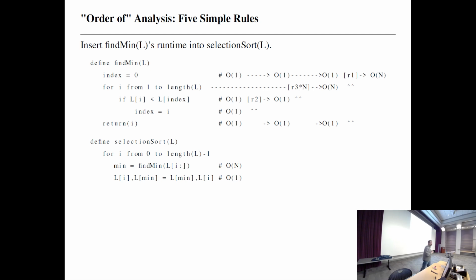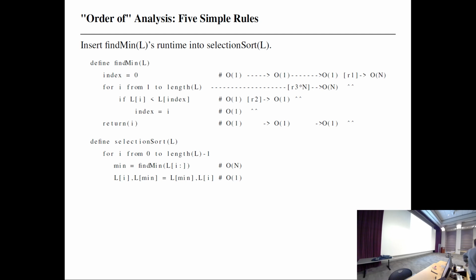But before we go there, I want to point something out. This find min is order n only if the argument itself is of length n. You'll notice that here, when i is 0, this L is in fact of length n. But as i gets bigger, the size of the argument I'm passing to find min gets smaller.